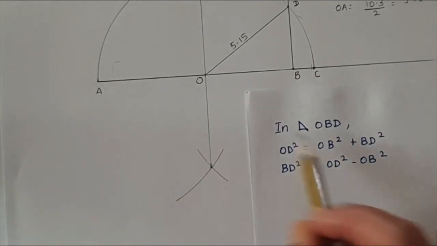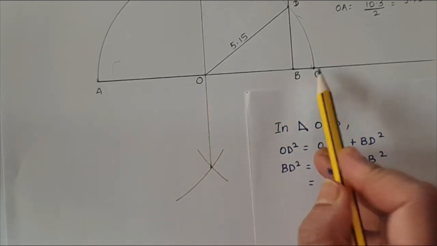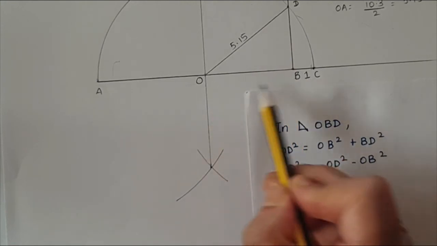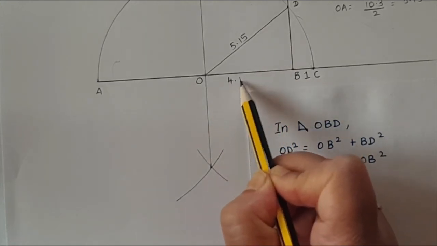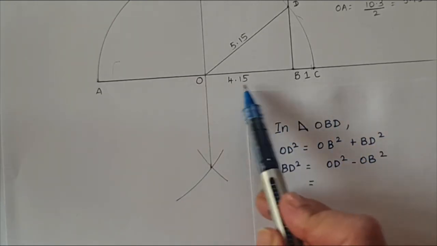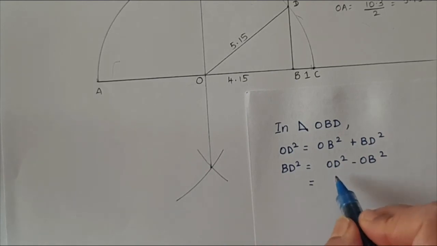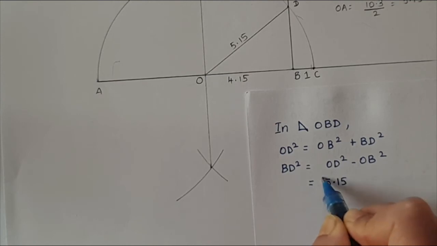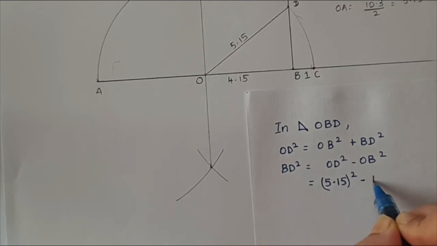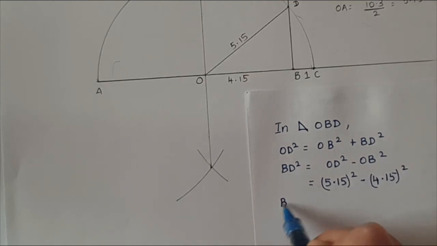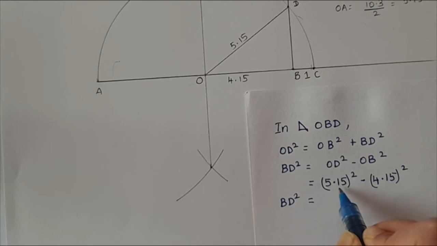OC is 5.15 and BC is 1 unit. So 5.15 minus 1 is 4.15, isn't it? So 4.15 plus 1, we get 5.15. So OD is 5.15, OB is 4.15. So BD square is equal to 5.15 square minus 4.15 square. This is in the form of a square minus b square.